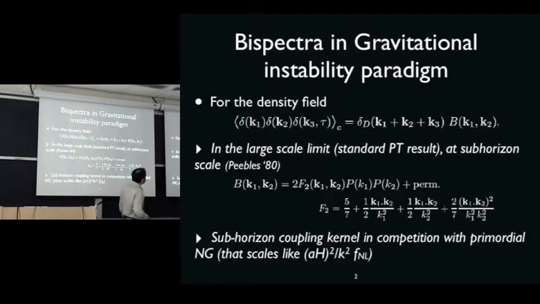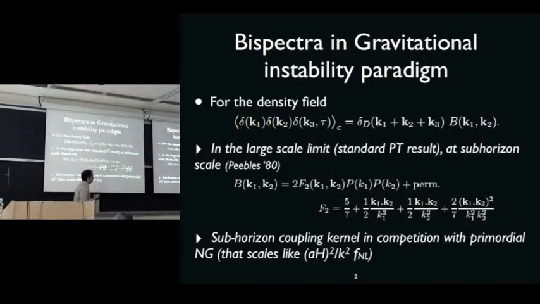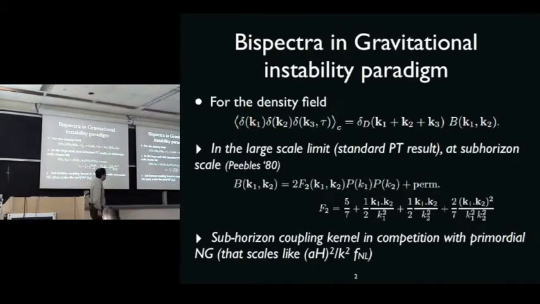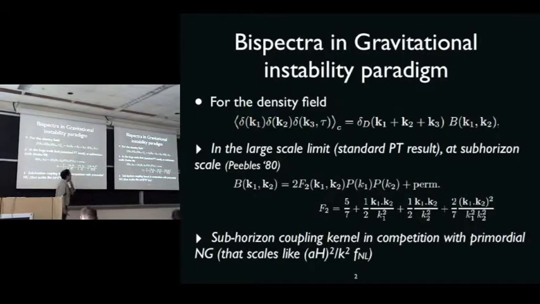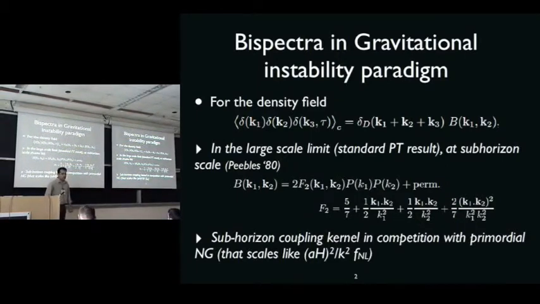First of all, this is the way the bispectrum is defined for, let's say, the 3D density field. It could be for any scalar field, actually. And what we know from very early results that are described in people's books is that at large scales, which means at linear scales, that is when the density contrast is small compared to unity, but at scales that are sub-horizon.